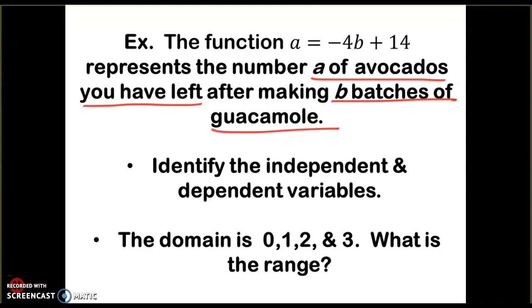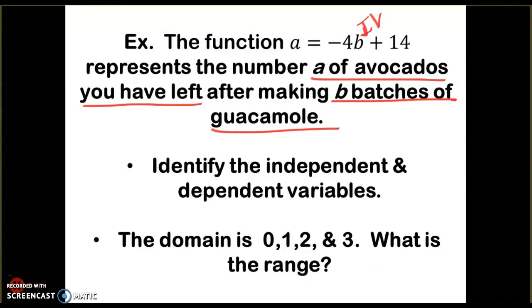Do avocados stand alone, or do they depend on the other one? Or is it the b batches of guacamole that depends on how many avocados you have? The truth is, the number of batches of guacamole that I can make depends on how many avocados we have. So as I'm looking at this, b is the independent variable.